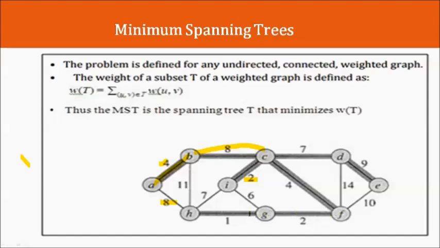And then from G, I am going to select this edge from vertex G to H, which has a weight of 1. Okay? So at least visit the vertex only once. And after that, I'm going to visit again. So from vertex C to D, okay, I have a weight of 7 here. And then from vertex D to E, I have a weight of 9. So 9 is the least cost. Okay?